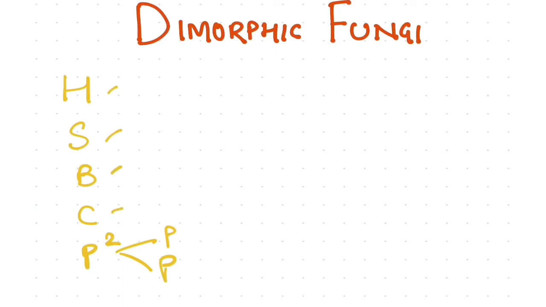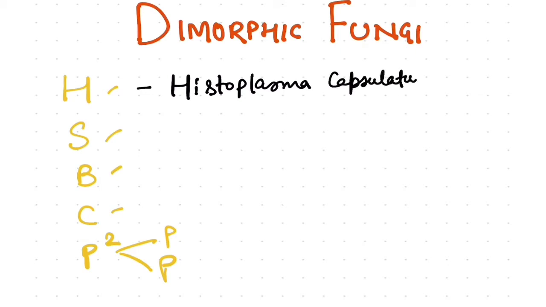Now these are the six very important examples which are often asked, along with their common names, which I will be mentioning for a few of them. So starting with the first one, H is for Histoplasma capsulatum, right?